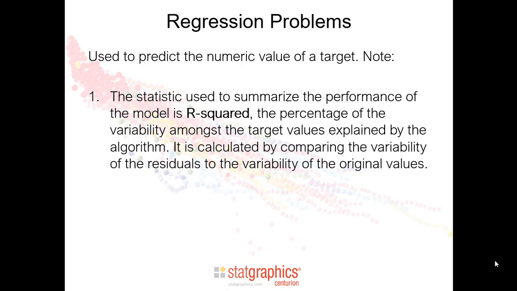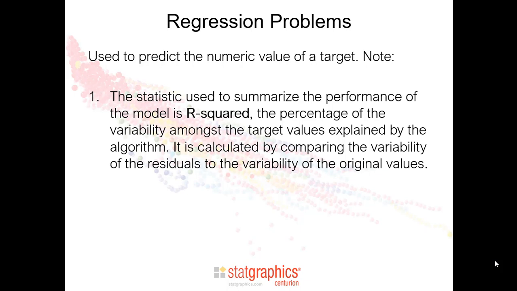First off, the statistic used to summarize the performance of the model is R squared, rather than the percentage of correct predictions. R squared is the percentage of the variability amongst the target value that has been explained by the algorithm.